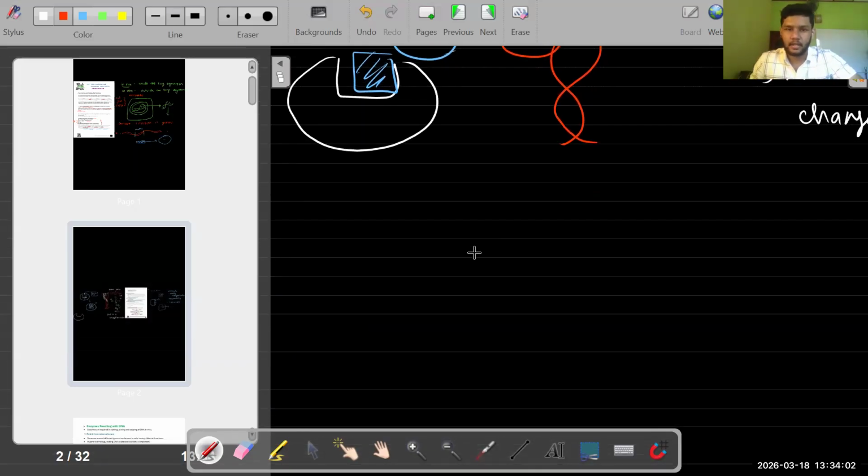Now, this is the thing. Is only one active site present for the enzyme molecule? No, right? There are multiple. Think like this.